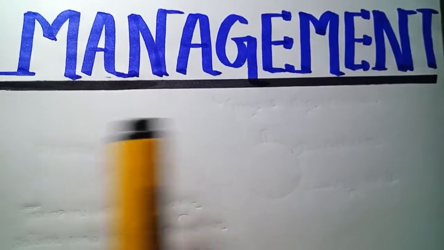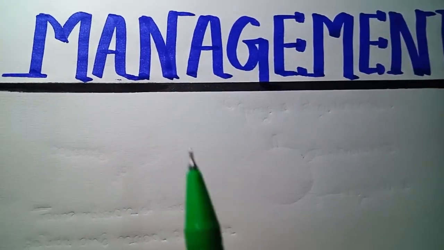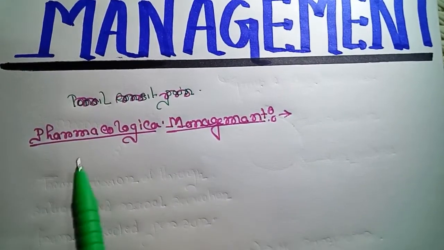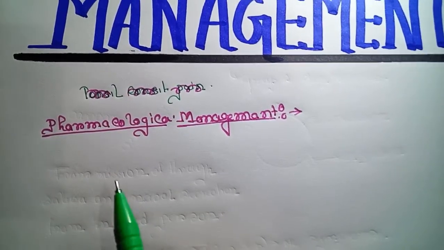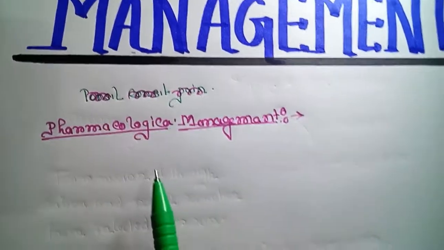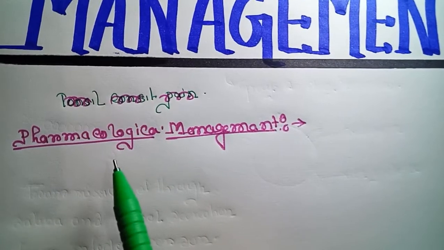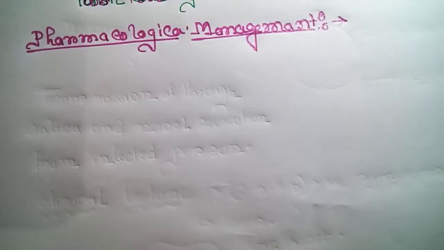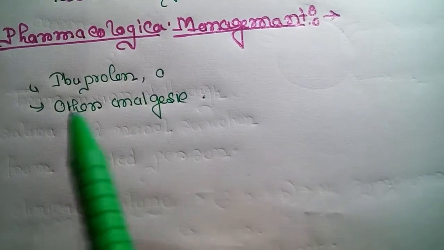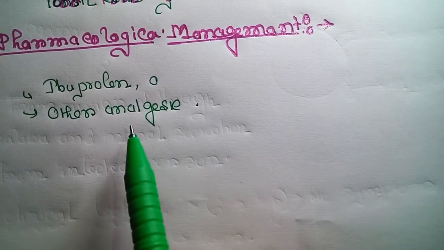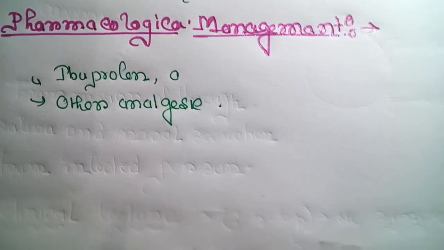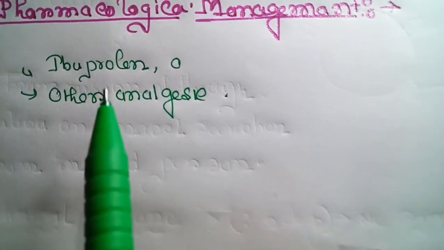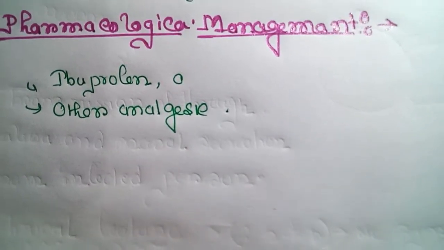We're going to talk about the overall management of tonsillitis. First, let's discuss the pharmacological management. Treatment of tonsillitis consists of pain management medication and lozenges, such as ibuprofen and other analgesics, which can help to decrease the edema and inflammation, reduce the pain and allow the patient to swallow liquids sooner.